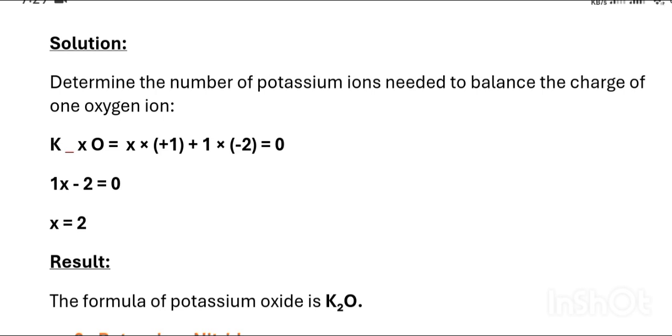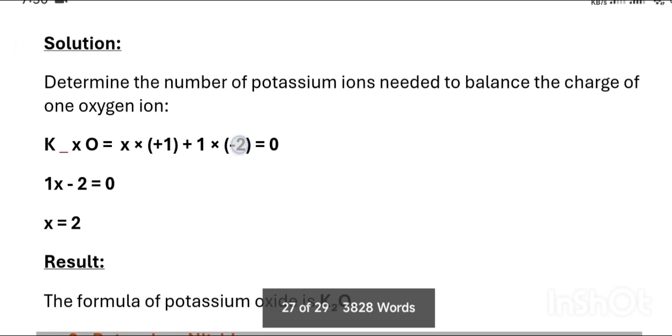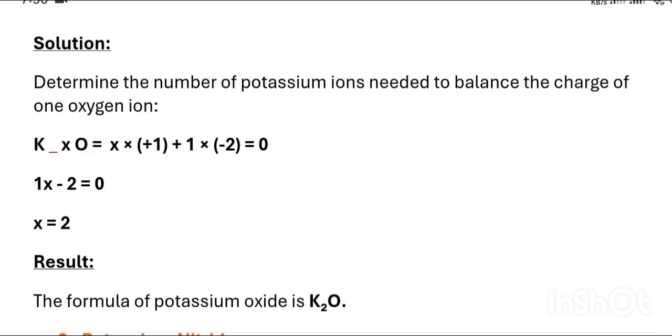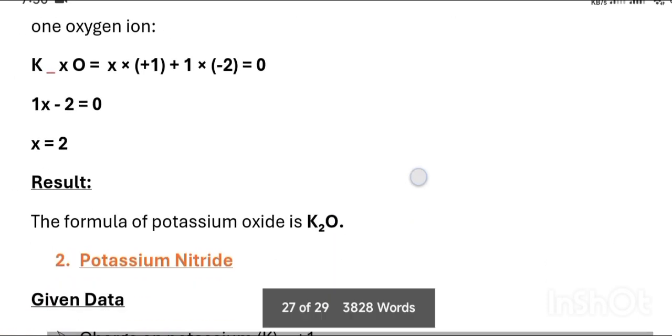After solving this it will become 1x plus 1 into -2, which gives -2, equals 0, and if you move -2 to the other side of the equal sign it becomes x equals 2. So we have 2 atoms of potassium in the formula and 1 oxygen. So the formula K_xO will become K2O.